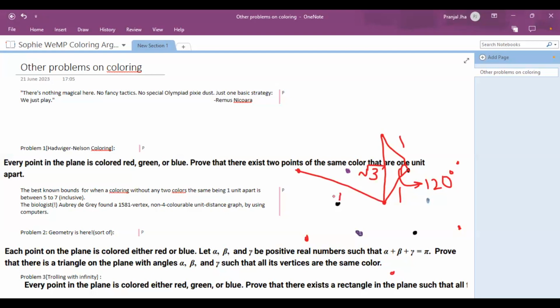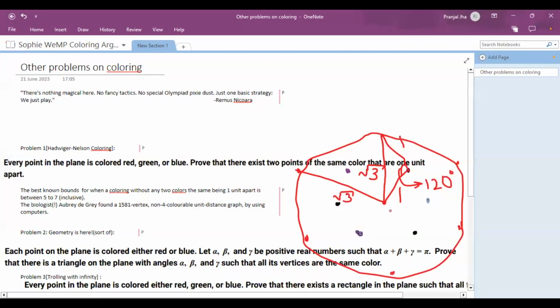Is that true? So all of these farther red points are root 3 away. So this whole thing is like root 3. So my claim is that this whole circle is actually red.